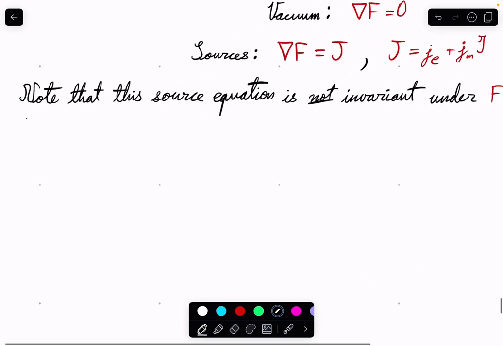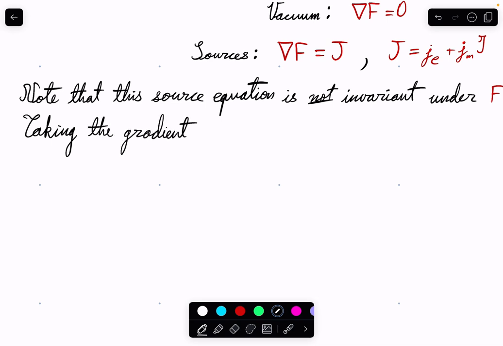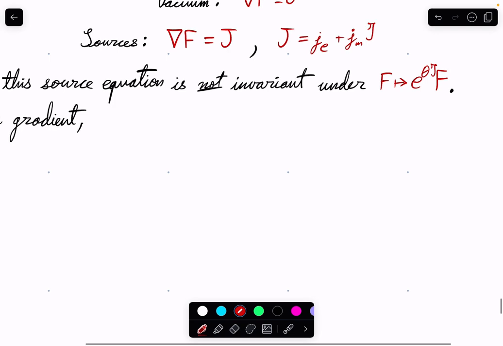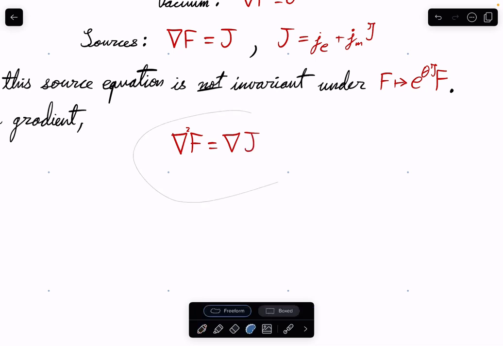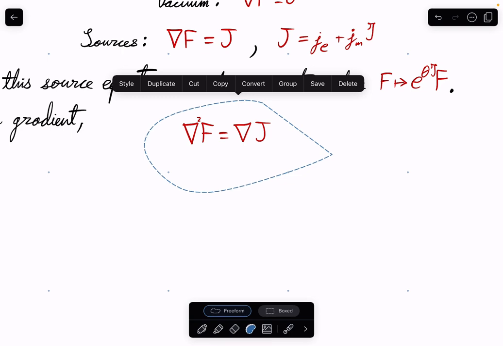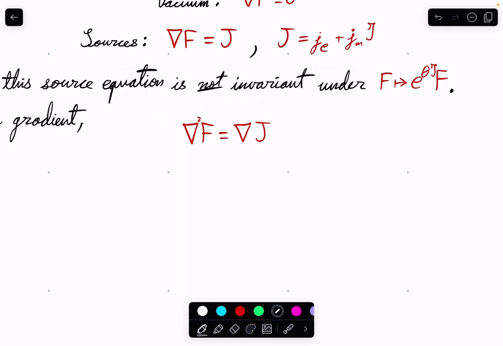Taking the gradient of the source equation, we get that the gradient squared of f is equal to the gradient of j, and this implies two separate equations.